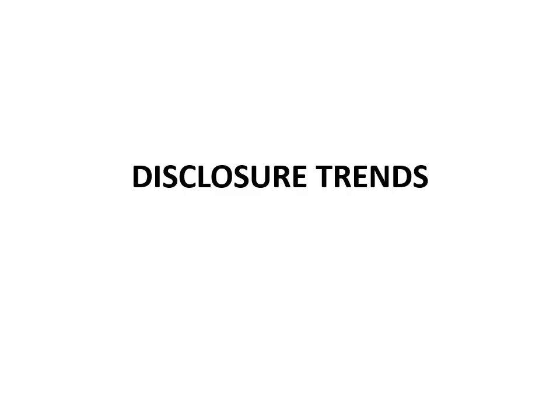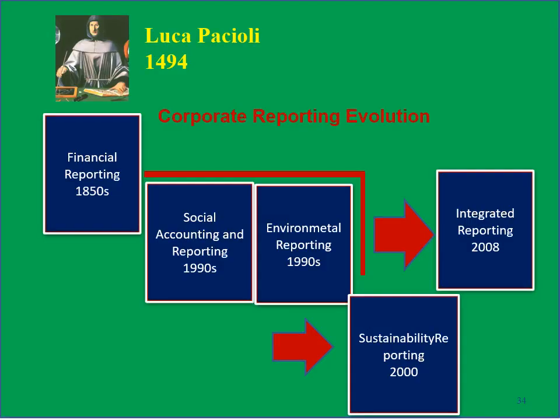Now we talk about disclosure trends. We have some disclosure trends over the past 10 years, and we will talk about them later in general. This picture describes the evolution of corporate reporting. We start from the era of Luca Pacioli in 1494, and then in around the 1850s we have the concept of financial reporting, and then in the 1990s we have social accounting and reporting.